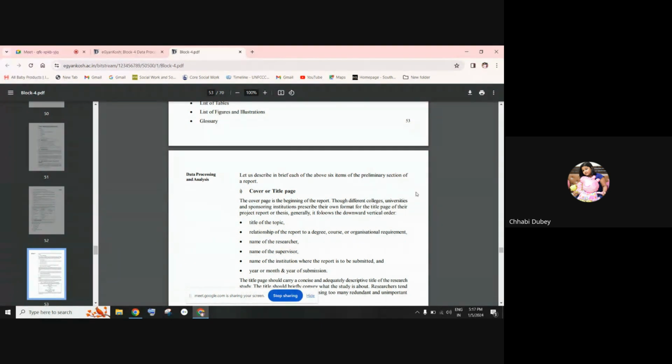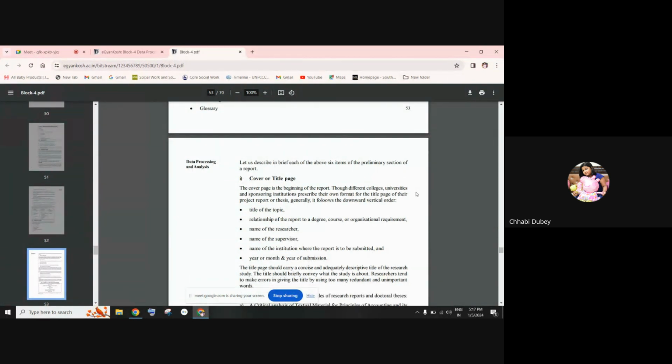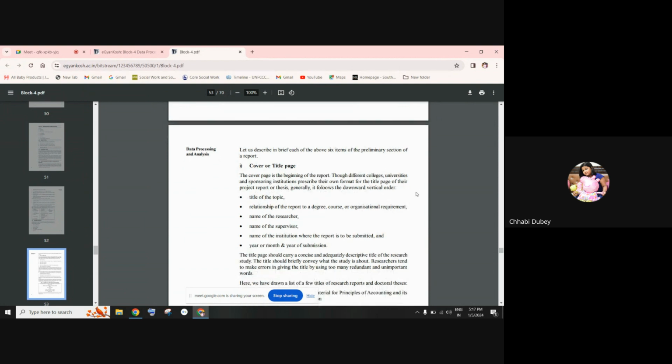Then we will have the name of the researcher, the name of the supervisor who has been supervising the research, and the name of the institution to which the report is to be submitted, and the time of the submission, the month and the year of submission.